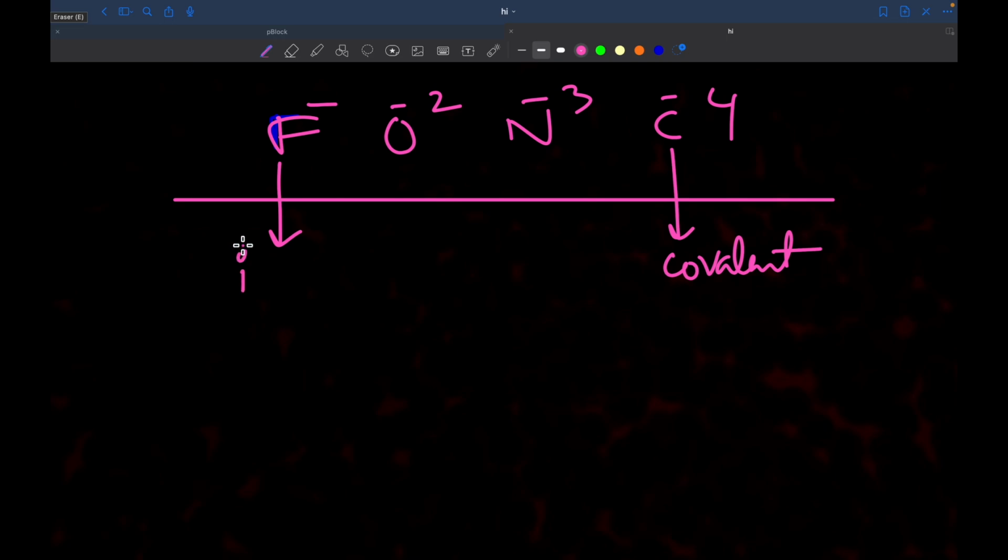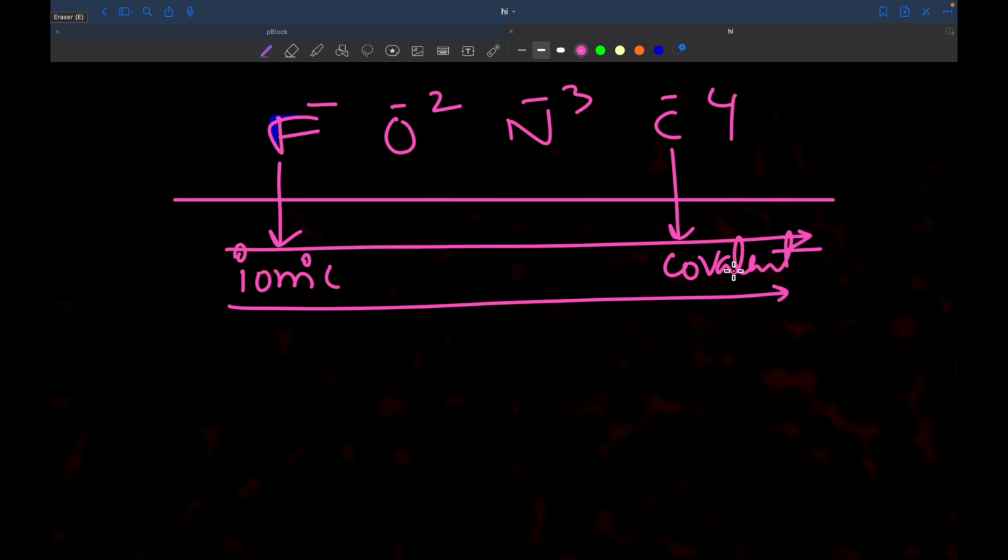Here, this compound is ionic in nature. So if you move from here to here, the ionic character decreases and covalent character increases as negative charge increases. So from left to right, negative charge is increasing. The size is also increasing. Yes. So as negative charge and size increase, covalent character increases.